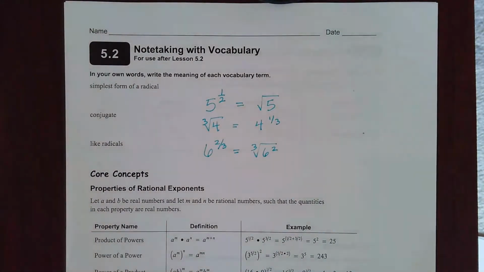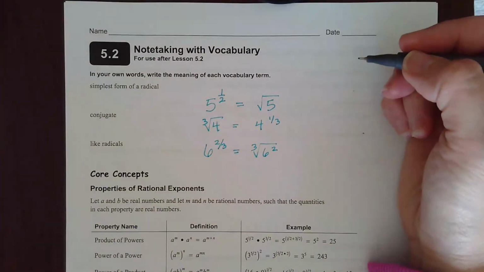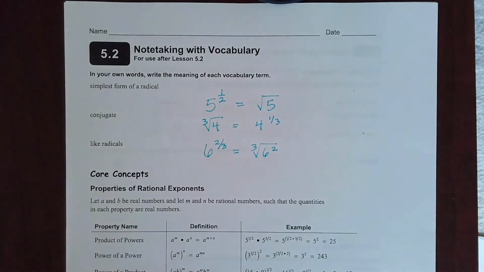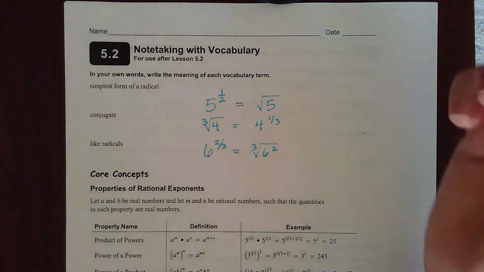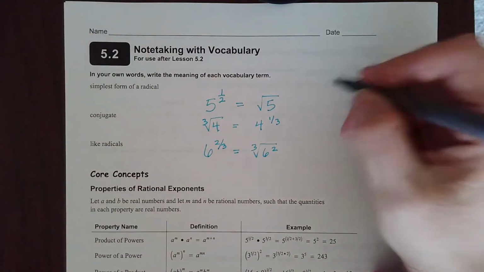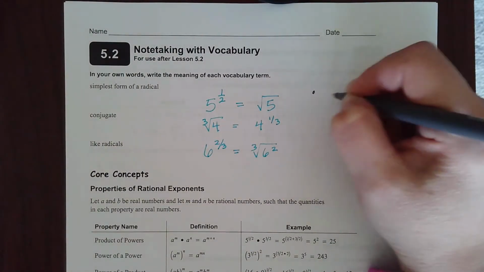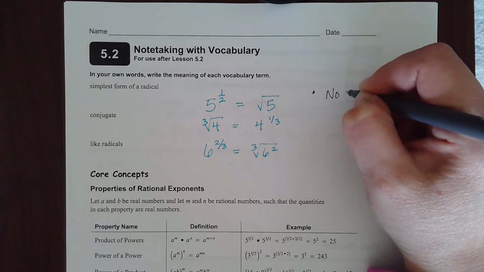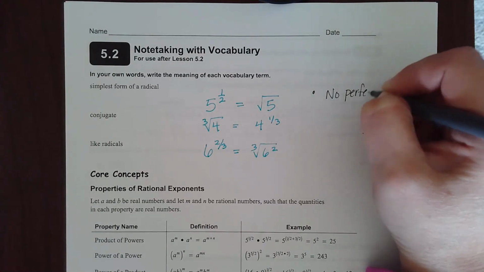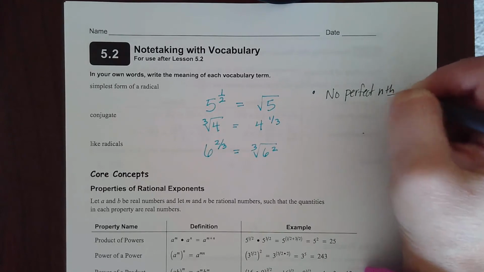All right, so there are names for all of these properties, and that's what they're getting at here. Some of the big rules I want you to know are standard rules for when we're simplifying rational exponents, or any exponents for that matter. I'm going to write this down: no perfect nth powers.